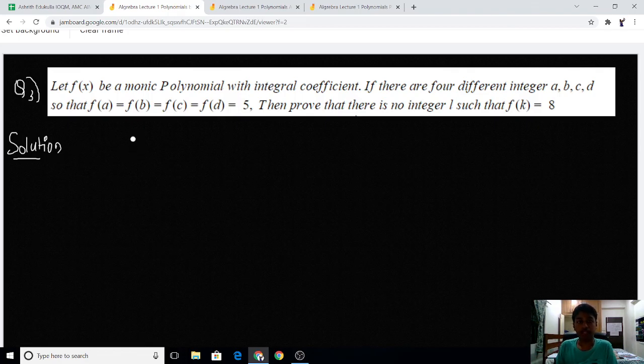So I have f of a equals f of b equals f of c equals f of d equals 5.